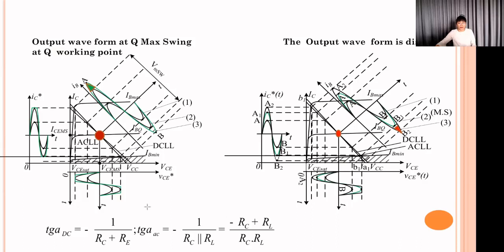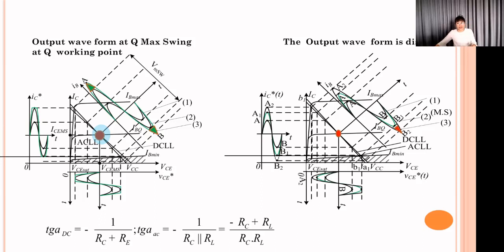This Q point here in the figure on the left, you have the Q point here in the middle of the DC load line. And for distortion of the output waveform, we have distortion on two sides for the full waveform input.